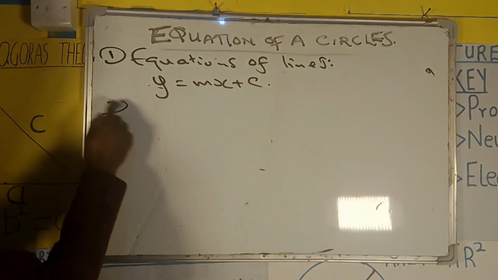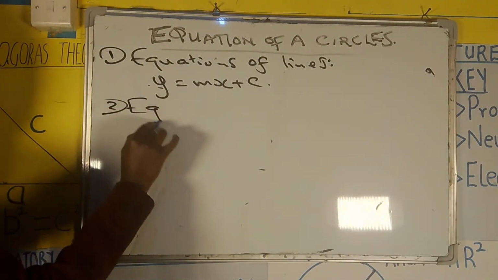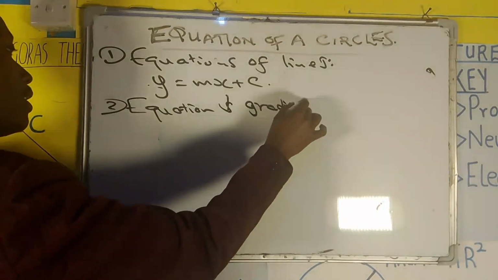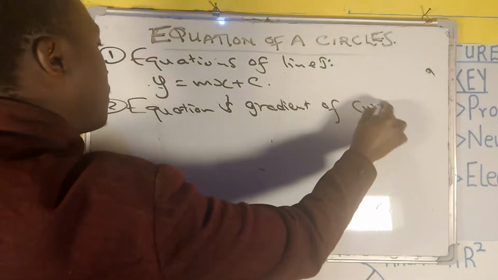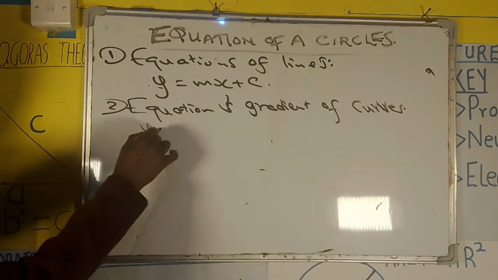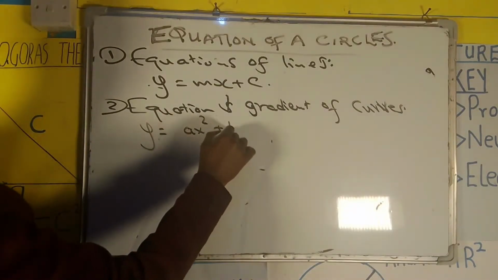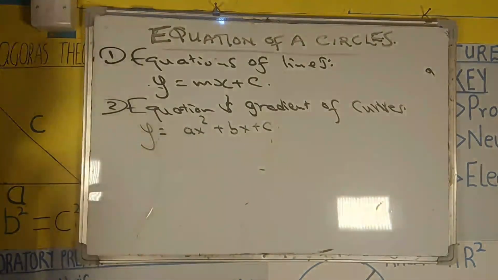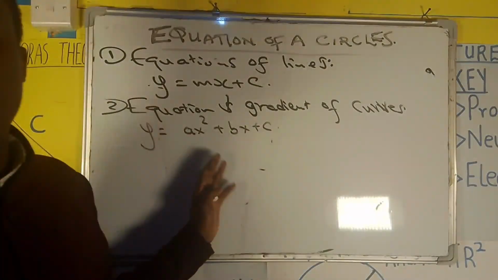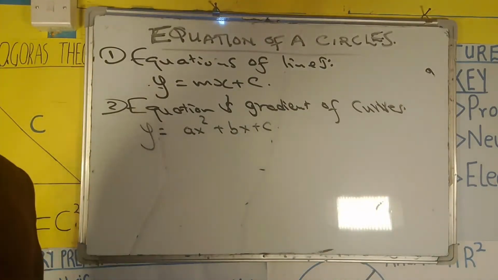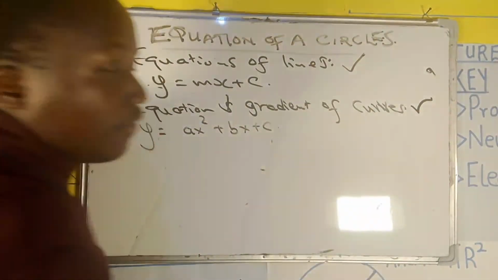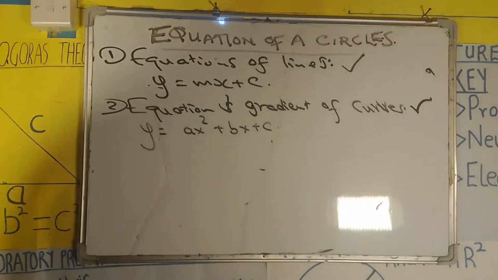And in Form 4, we also learned about equation and gradient of curves, where given graphs such as y equals ax squared plus bx plus c, we can determine the functions and also different gradients at different points. That is under differentiation and integration.